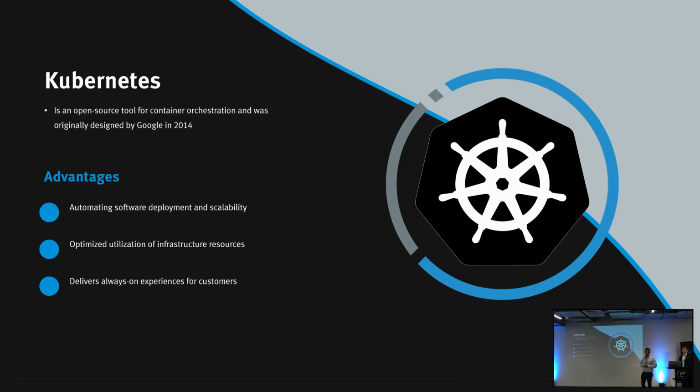Most of the IT applications which are running are actually using too many resources, and Kubernetes can help you to reduce these unneeded costs. And the last point: Kubernetes can deliver an always-on experience for your customer. You don't need any downtimes anymore for your application.